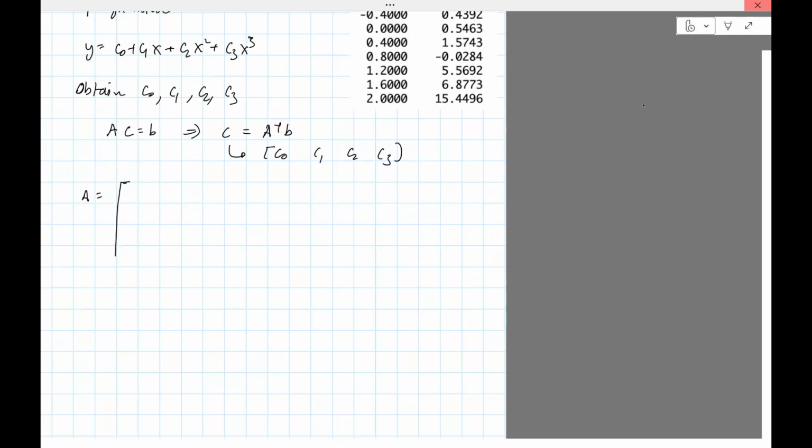From the formula I wrote down a little while back on the previous page, you can see that it is summation x_i, summation x_i squared, summation x_i cubed, and just keep doing that for 4 rows.